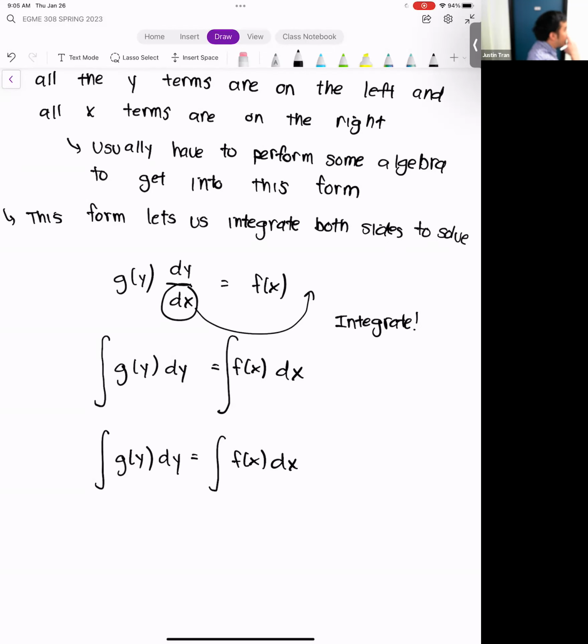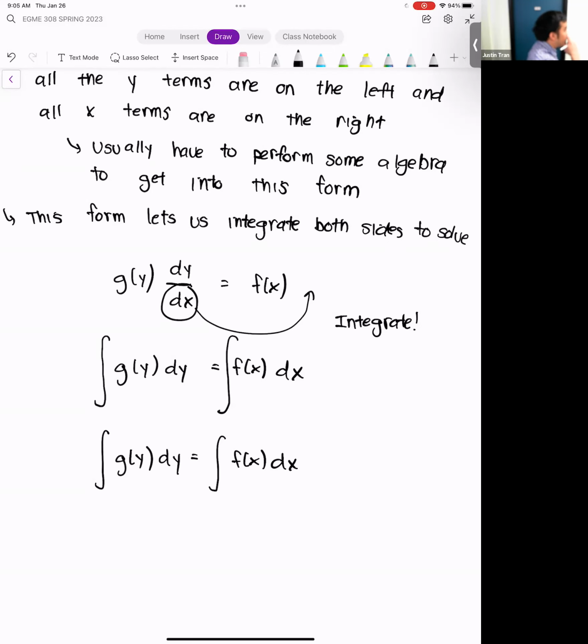And so because we're doing an indefinite integral, we have to add a constant. Technically speaking, we have to add an arbitrary constant to both integrals because they're both indefinite. But when both constants are arbitrary, we can just lump them into one. Okay?